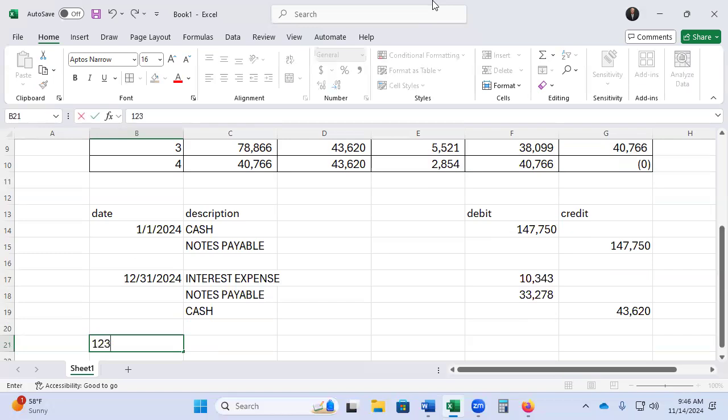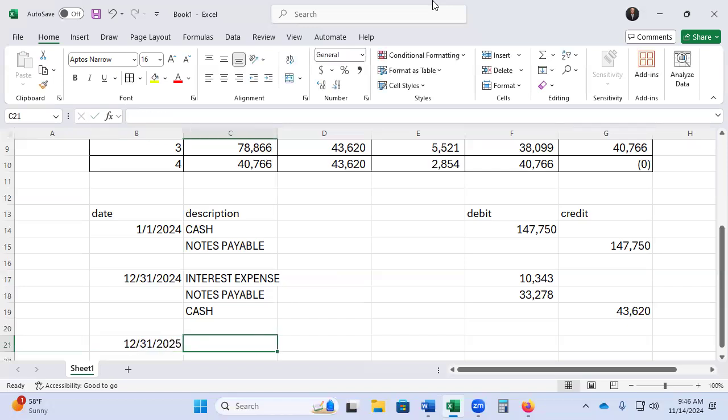Okay, and then we have 12/31/25 interest expense.